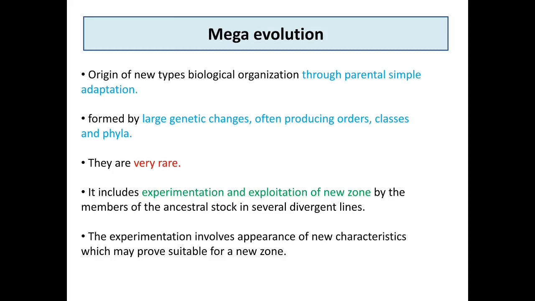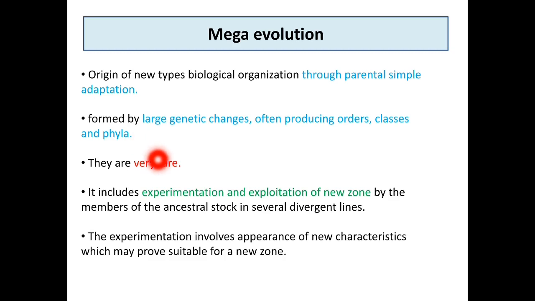See here about megaevolution, which involves origin of a new species, that is the origin of new types of biological organization through parental adaptation. This type of evolution is mainly formed by large genetic changes, ultimately producing orders, classes and phyla.